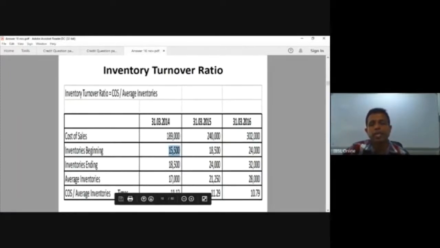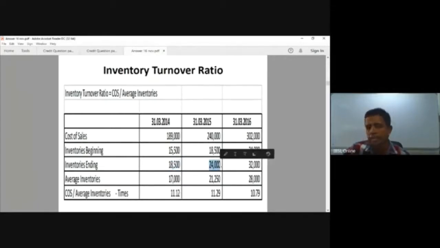Then the 2015 beginning inventory is the ending inventory of 2014. Similarly, for 2016, the beginning inventory is 24,000, that is the ending inventory of 2015, right?